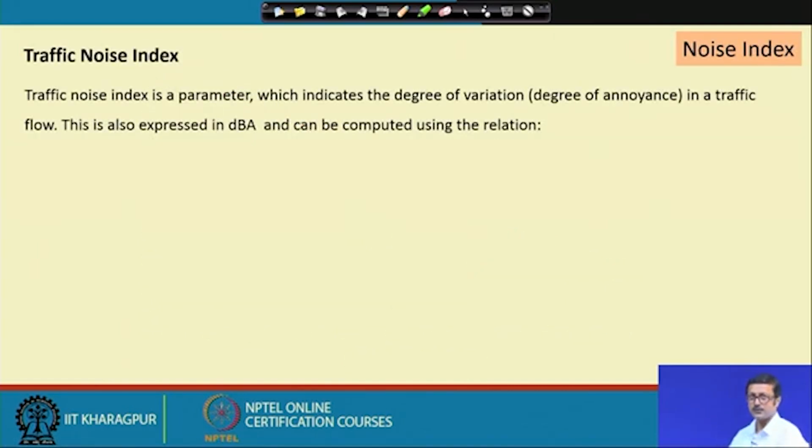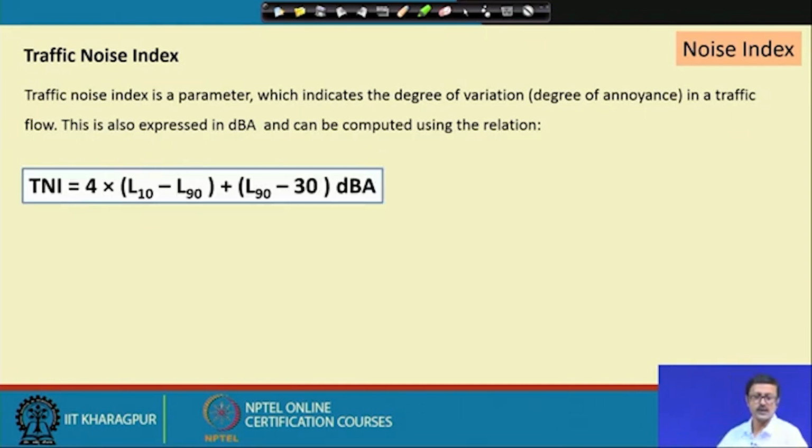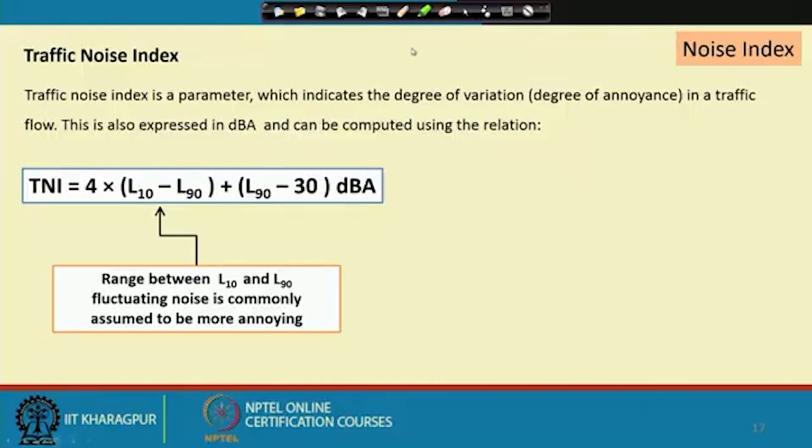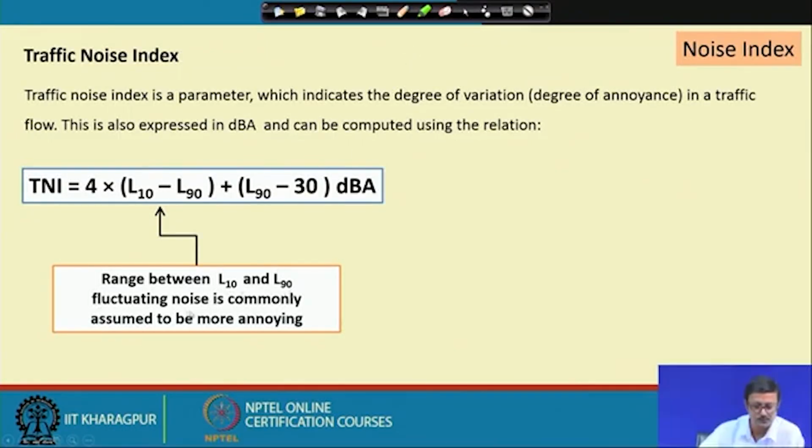From this point of view the traffic noise index has been derived, given as TNI, traffic noise index, with this formula: 4 times (L10 minus L90) plus L90 minus 30, and this total has to be expressed in dBA.